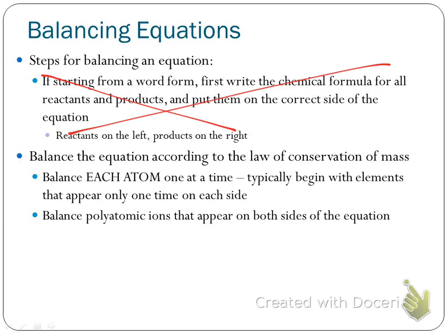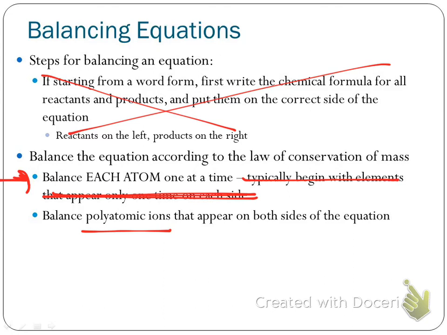Okay, what I do is balance each atom one at a time. So we're going to count hydrogen atoms and oxygen atoms and nitrogen atoms or whatever we happen to have. I don't want you to think about this for right now. If you have polyatomic ions that appear on both sides, if we've got a phosphate on the right and phosphate on the left, you're welcome to balance phosphate as a whole.